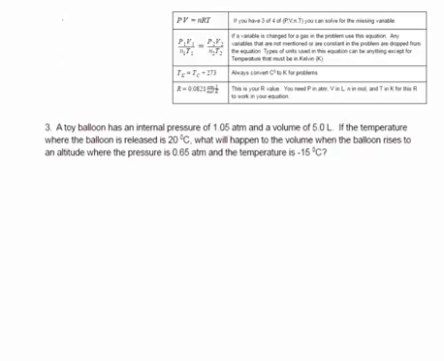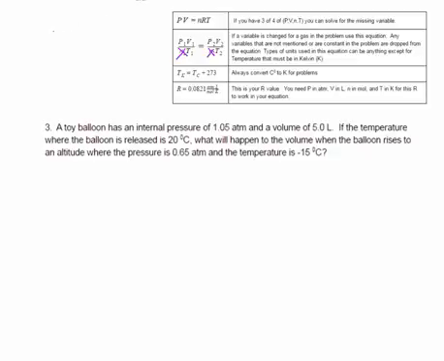So then what you want to do is get rid of anything in that equation that is either not mentioned in the problem or is said to be constant in the problem. The only thing that's not mentioned in the problem is the number of moles.